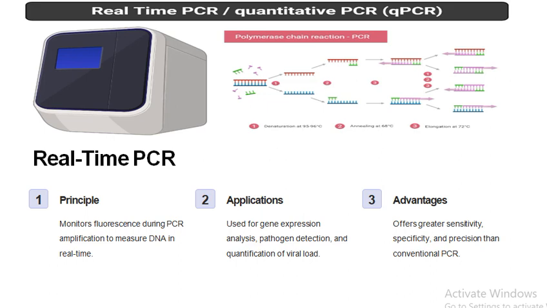But they are very different: reverse transcription PCR uses RNA, whereas real-time PCR uses DNA, but with an advanced technique that makes the PCR more modern.